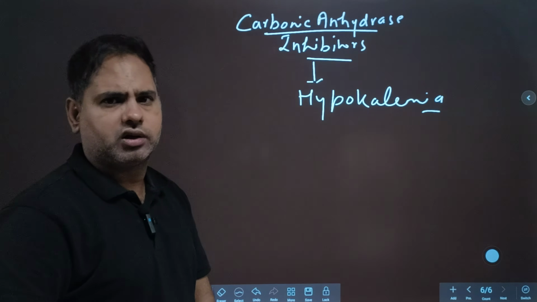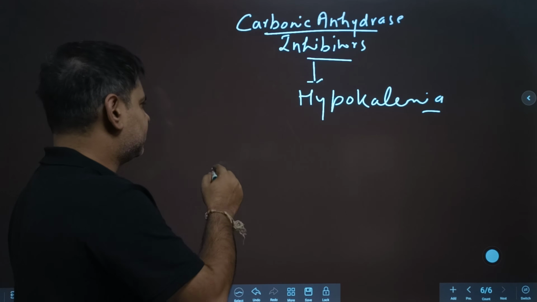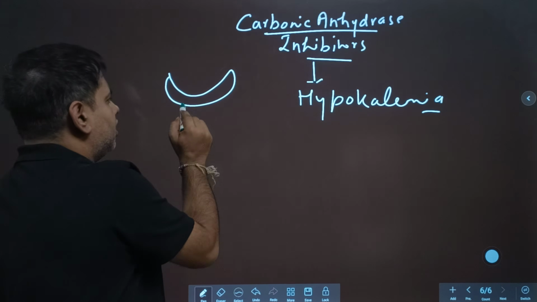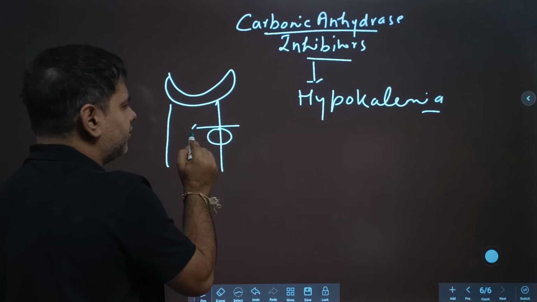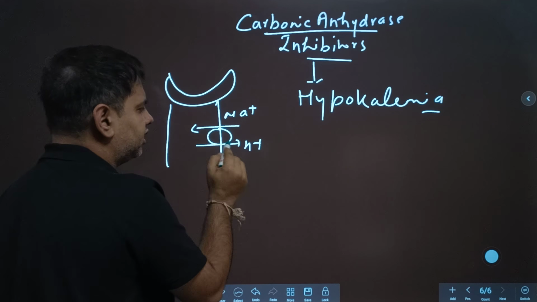How can it happen? As I said, in the proximal convoluted tubules there is a sodium and hydrogen exchanger, right?